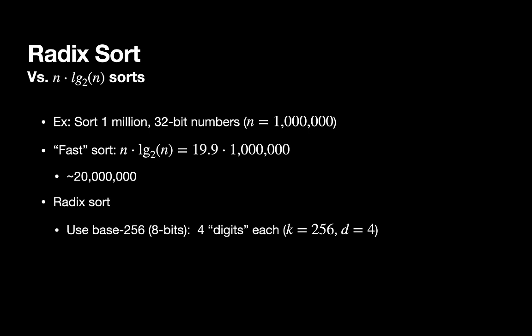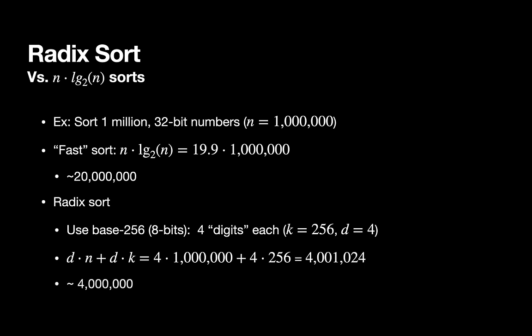If we use a full 8 bits as our digit size, then we have a total of 4 digits. So K is 256 buckets, and D is 4, a total of 4 8-bit digits in our 32-bit number. Plugging our numbers into our formula, D times N plus D times K, that's 4 times a million plus 4 times 256, which gives us roughly 4 million.